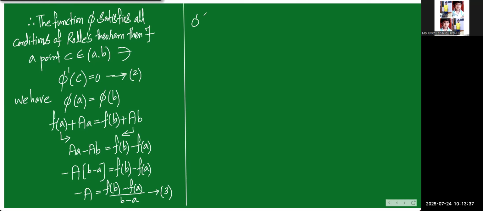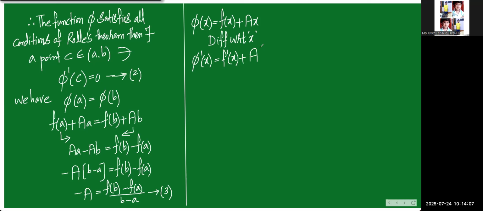This one we have to differentiate with respect to x. Then we say phi dash of x is equal to f dash of x plus differentiation with respect to x, x की value a आ जाए, a into 1, but no need to write.